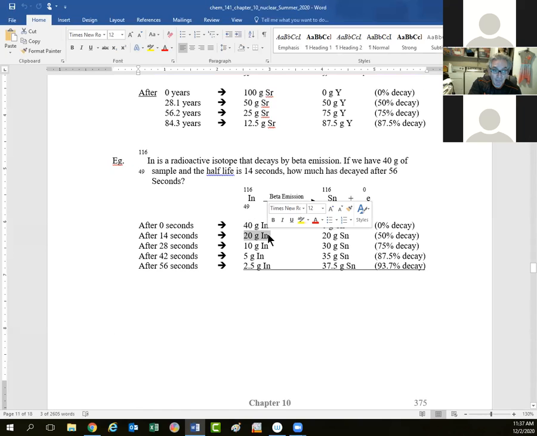After another half-life, 28 seconds, we're down to 10. After another 14 seconds, 42 in total, we're down to 5. 56 seconds, we're down to 2.5 grams. So more than 90% of the sample has radioactively decayed and finished emitting radiation after just 1 minute.